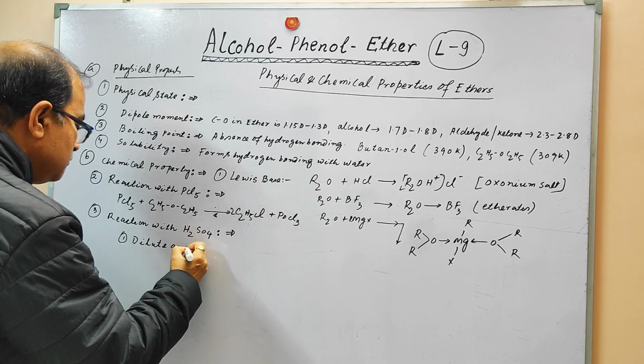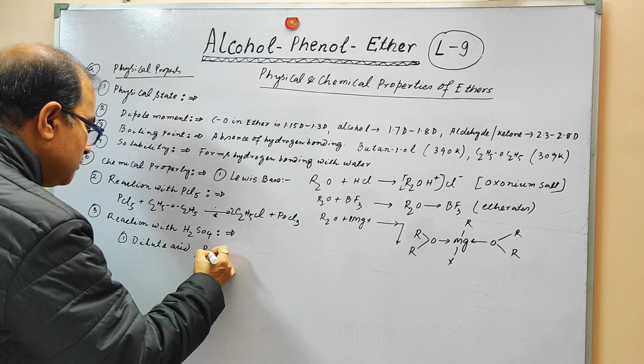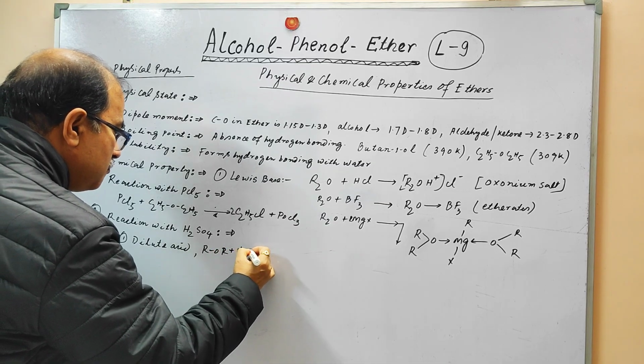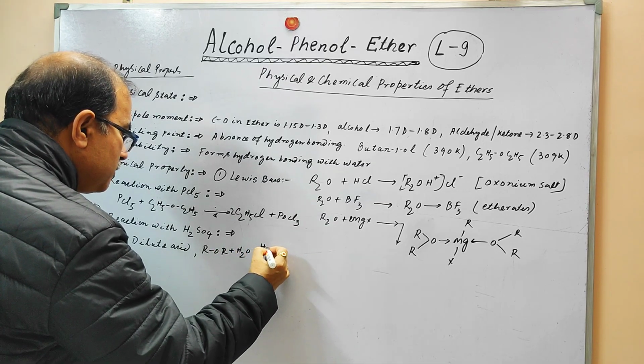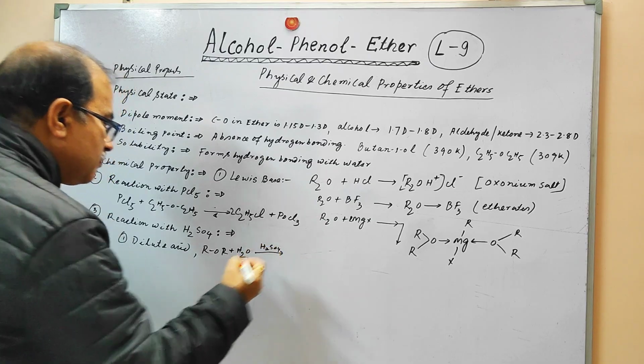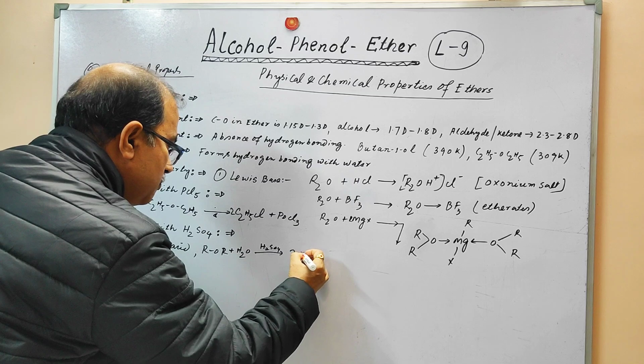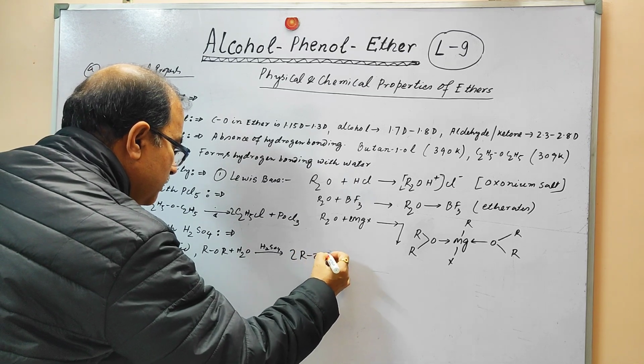With dilute acid, plus H2O, because it is a dilute acid, it will react with H2O and form the alcohol here.